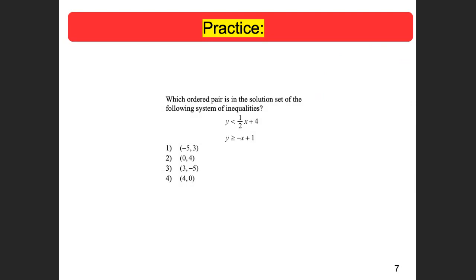All right, this problem I want you guys to do. Okay, it says, which ordered pair is in the solution set of the following system of inequalities? So you guys tell me what you think the answer is going to be there. Take a look at it. There are different ways that you can solve this problem.